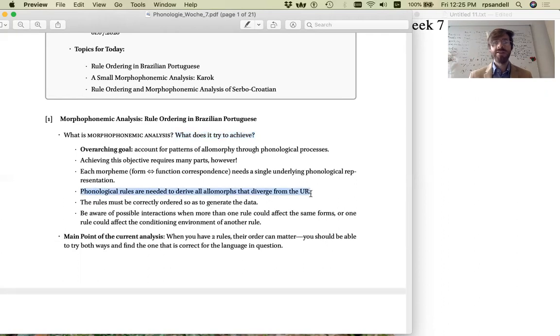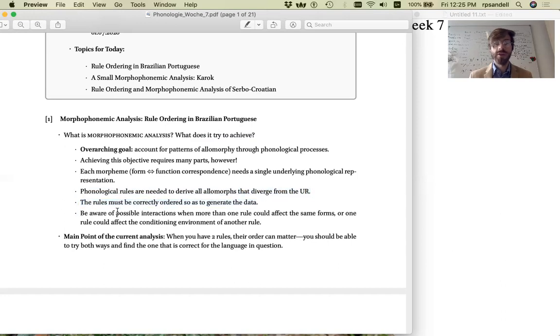And the complexity of the rule system is going to be a big difference here, because we have to think about what rules we need in order to derive all of the different patterns of allomorphy that we see in the data. And we have to consider how those rules have to be correctly ordered.